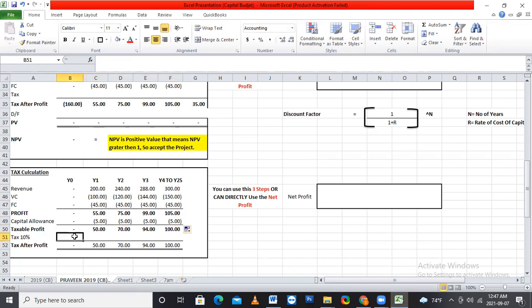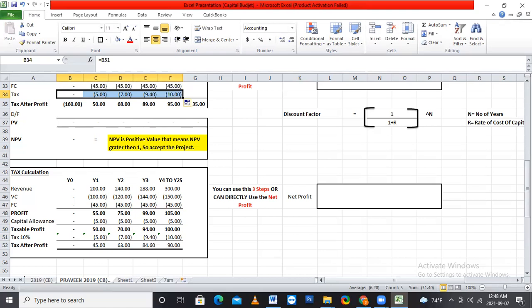After that, we calculate the tax as taxable profit multiplied by 10%. The tax is 45, 63, 84.6, 90, and we can use the tax in the cash flow. The profit after tax is 106 minus value 50, 68, 89, 95, 35.